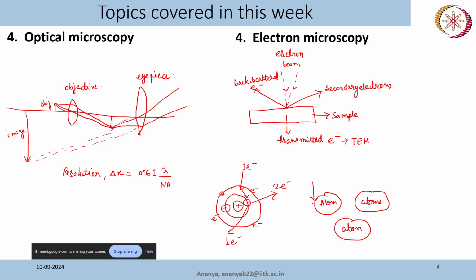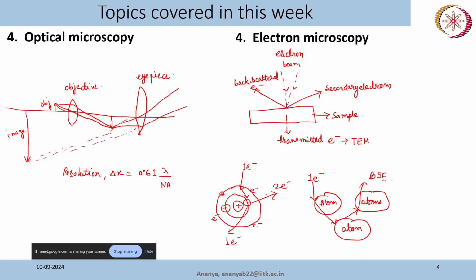Due to the electron, it will not get scattered, but it will deflect. Say it will deflect in this direction, then it will again be deflected by the electrons of this atom, then it will be deflected back. So this one was the incoming primary electron, and this is the backscattered electron.